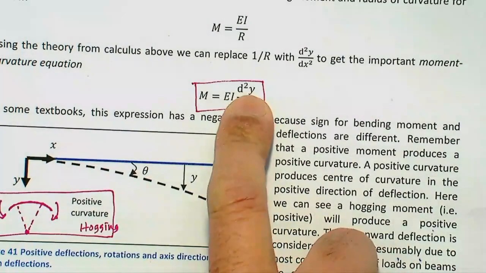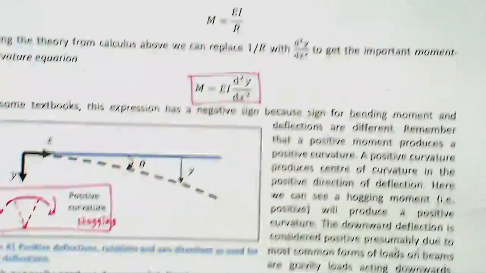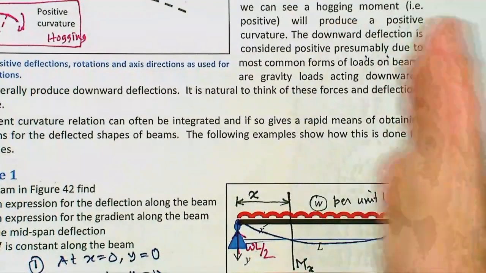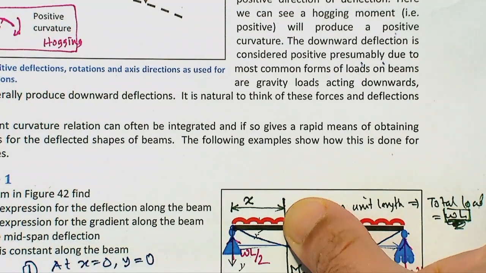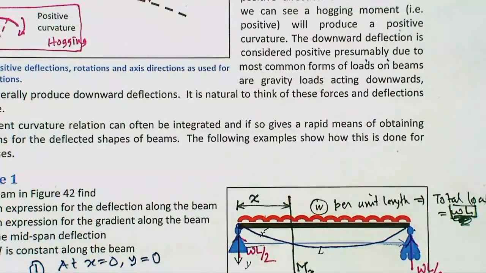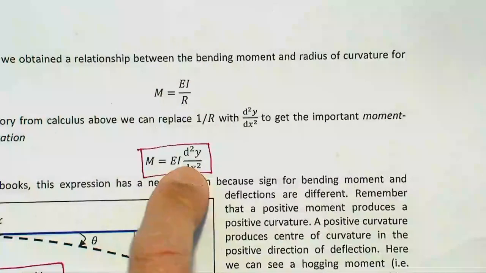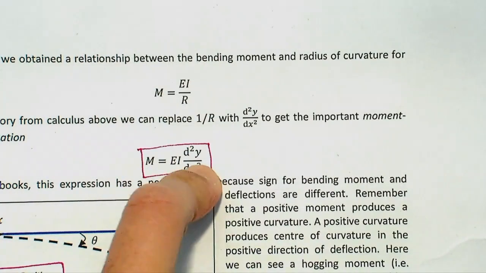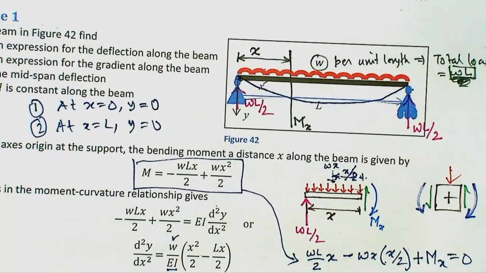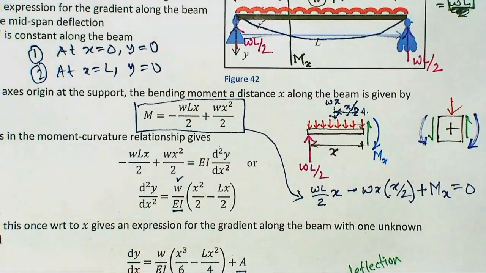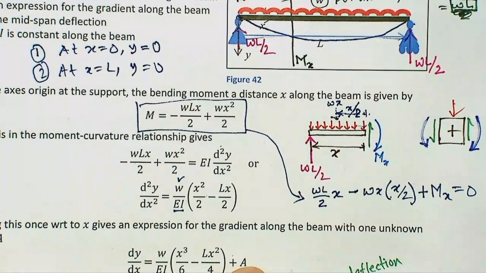So, we put that in here instead of curvature 1 over r, and then the first step is to find the moment expression at an arbitrary distance x. If I get that, then I put it back into this equation, that moment is EI d2y/dx2, and then integrate it twice. Integrating it once, I will get the slope with an integrating constant.